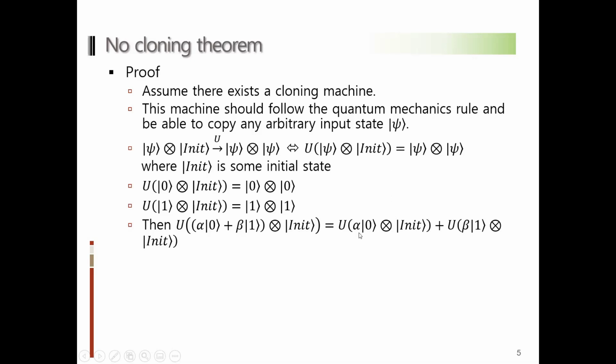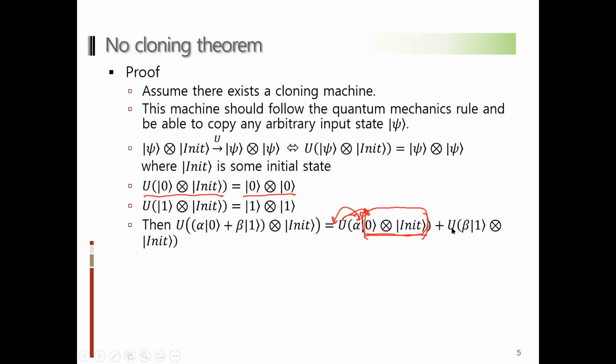And now we know that we already obtained this result corresponding to this one. For this case, alpha is simply a complex number, so it can be just pulled out of here. That means U is applied directly on the entire state, which is exactly like here. So what should be the result of the application of U here? It should be like this one.